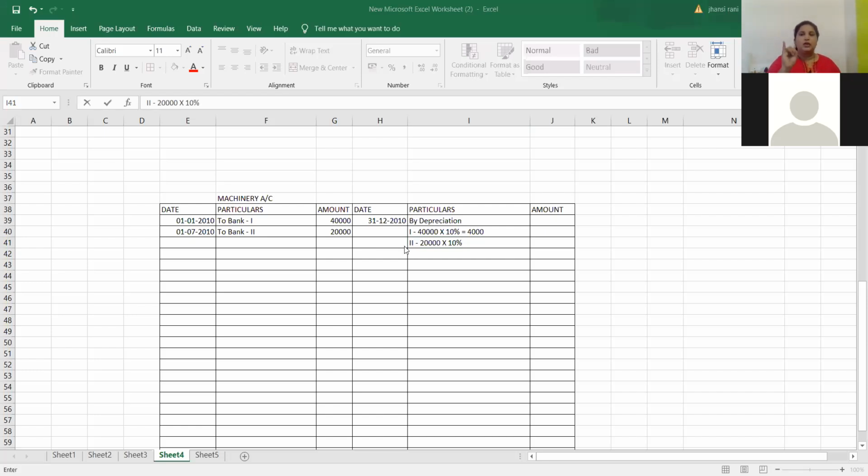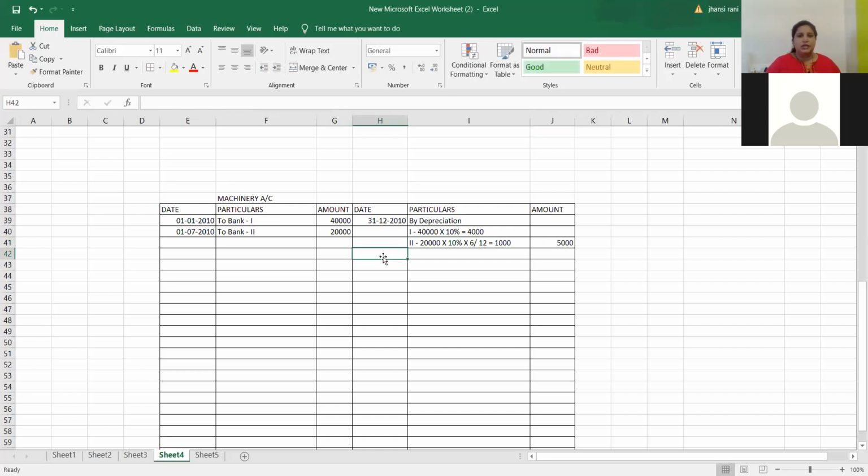July, August, September, October, November, and December, so it is for 6 months. So I'll write here into 6 by 12. The amount comes to 20,000 into 10%, 2,000. Half of that will be 1,000. Altogether, the amount in the amount column will be 5,000, that is 4,000 plus 1,000.